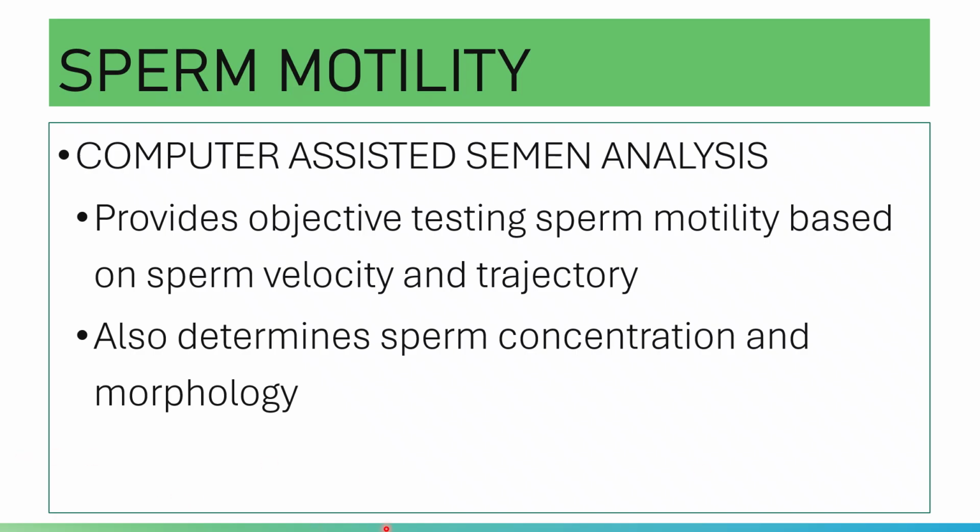Examples: there are actually three. For CASA, you have the sperm class analyzer, the Cirrus CASA, and the automated sperm quality analyzer.